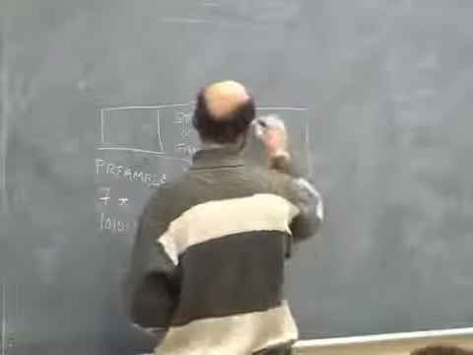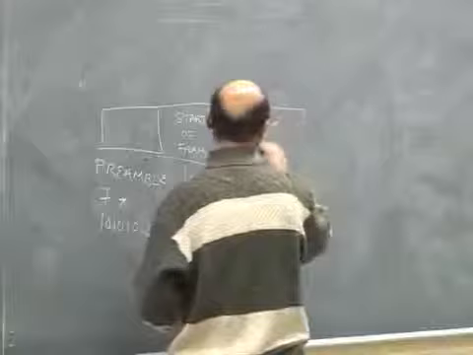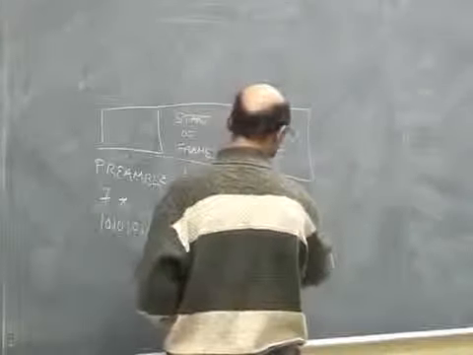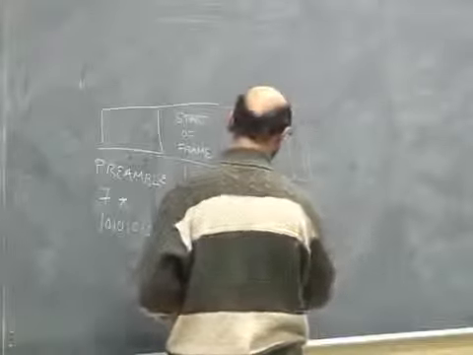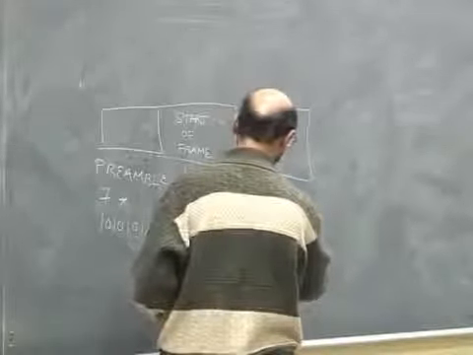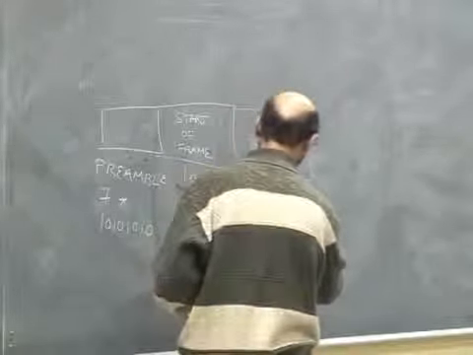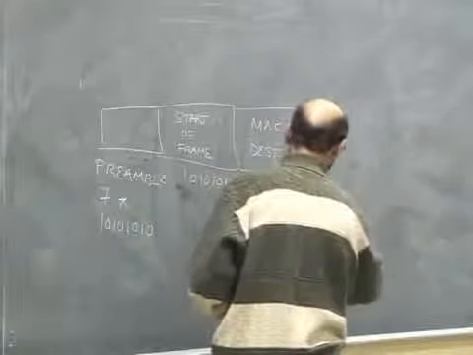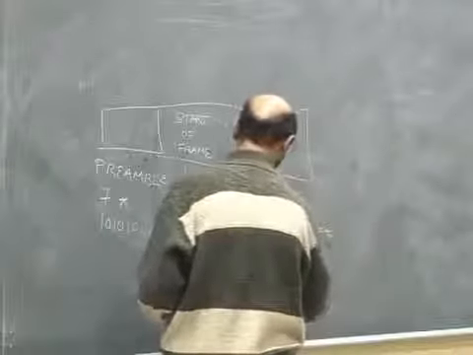What is the data? Well, we have a MAC destination, so we need the destination address, and this is 6 bytes. And if you remember, the 6 bytes are 3 bytes for the manufacturer ID, and then 3 bytes is the serial number.